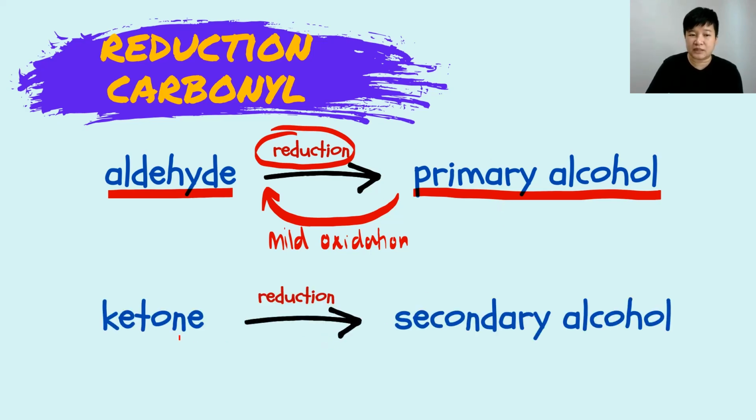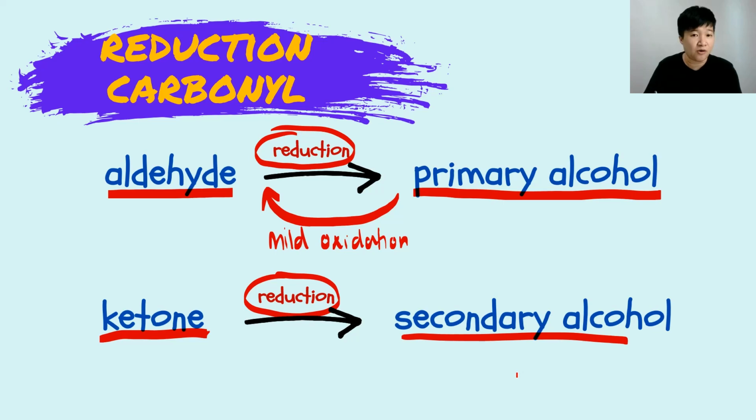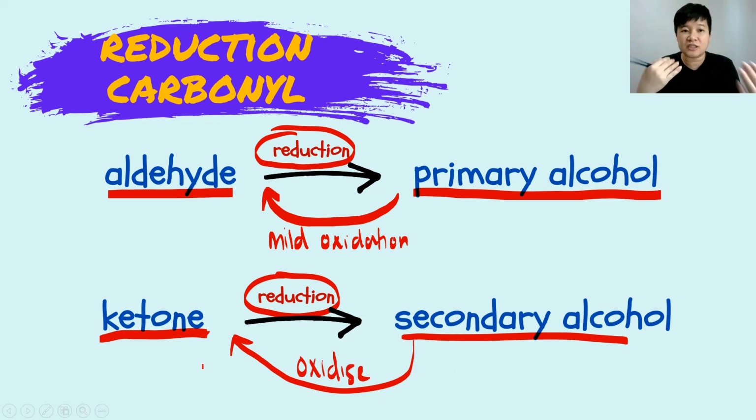Same thing happens to the ketone. When the ketone undergoes reduction, it goes back to your secondary alcohol, because when you oxidize your secondary alcohol, you get ketone. So your reduction and your oxidation are actually vice versa. It's exactly the opposite of the oxidation.